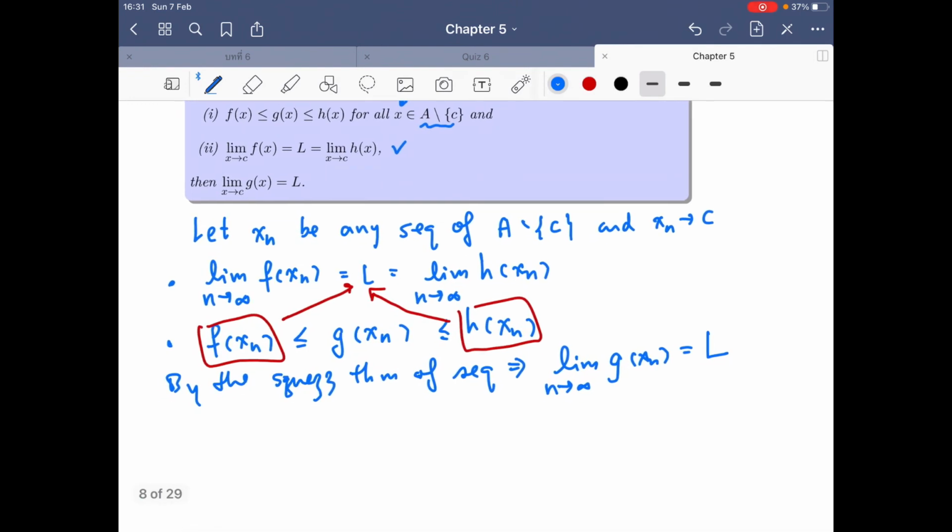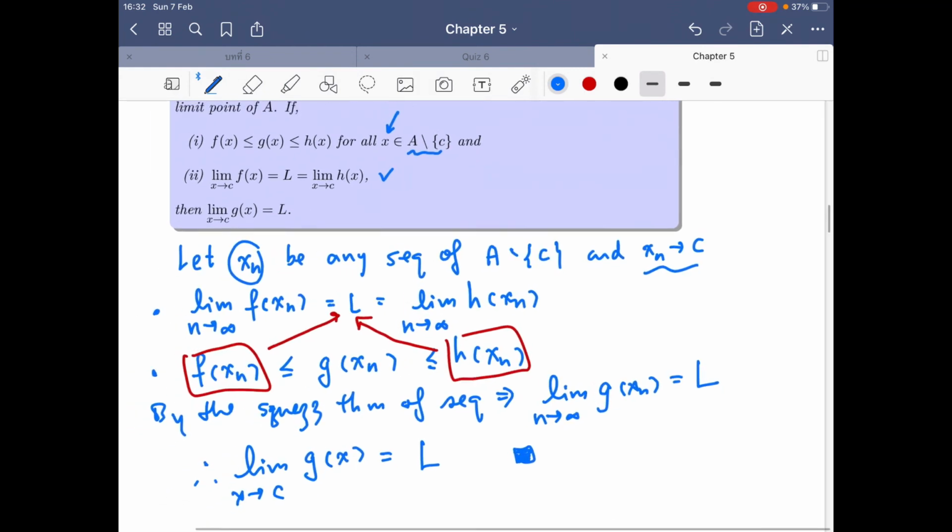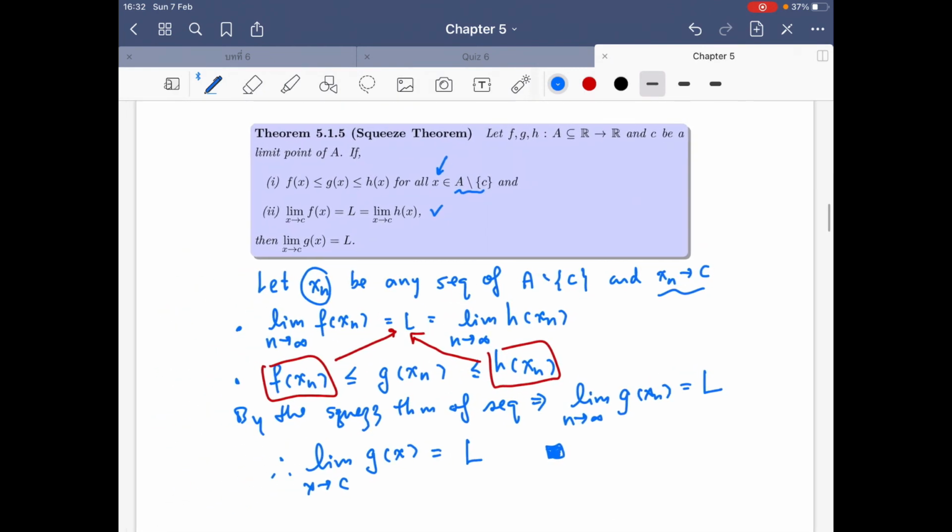And because xn is any sequence that goes to c, we can immediately conclude that as x goes to c, g of x goes to L as well. So that is another useful theorem that we may use later on.